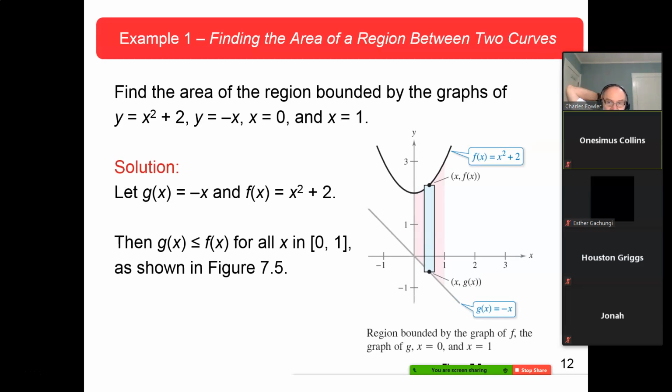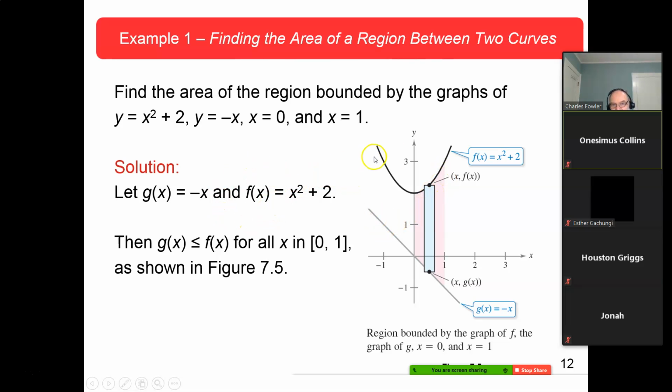And g of x is going to be the lower one, and f of x is the upper one. You don't have to draw the picture, but this picture certainly makes it more graphic, more obvious. This one is starting from up here rather than down here like the one I did, so that's why we had a smaller value.